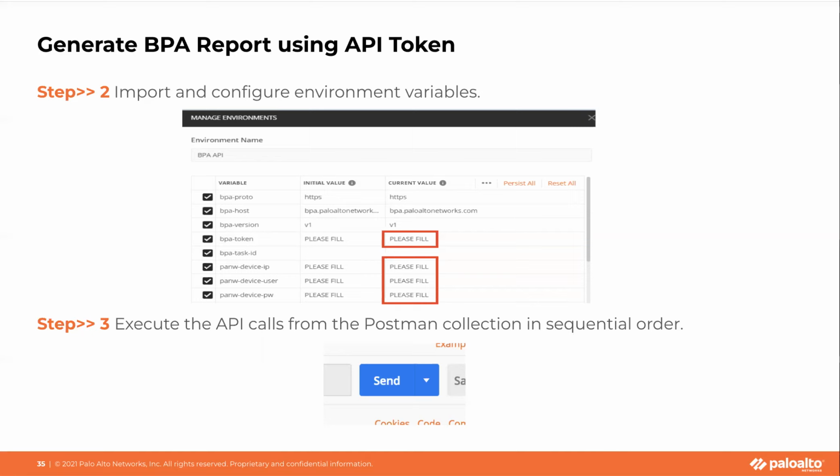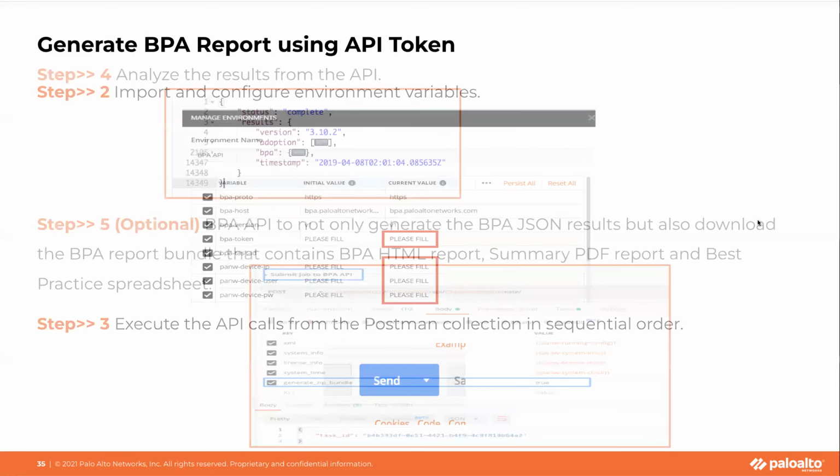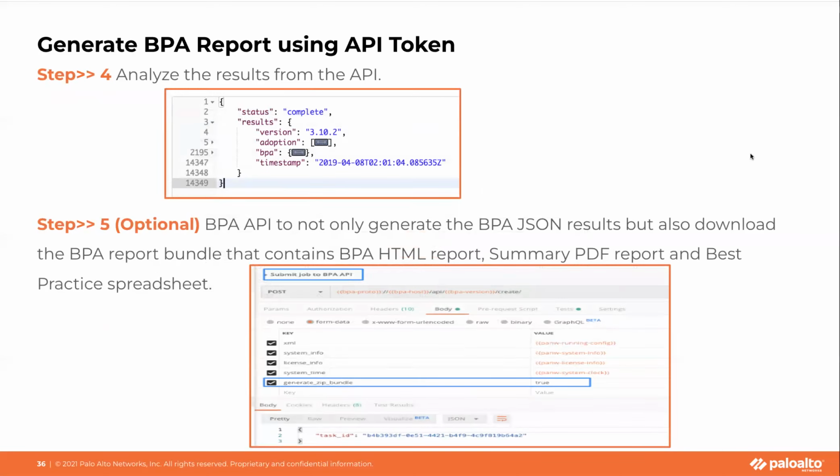These user credentials are used to grab the API key for the target Panorama devices, and then this data is sent to the BPA API via an HTTPS POST request, and a task ID is returned to track this BPA process. Then it will execute the API calls from the collection app, and it will give you the results in JSON format.